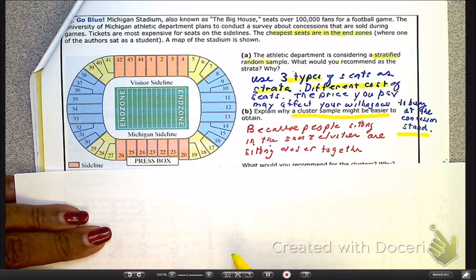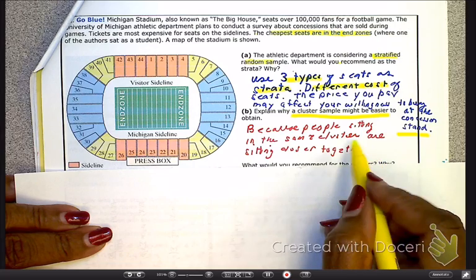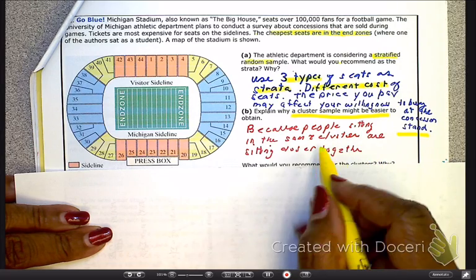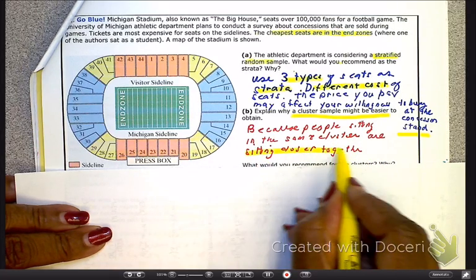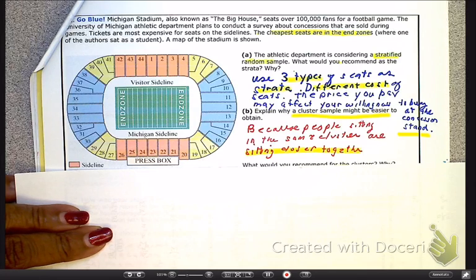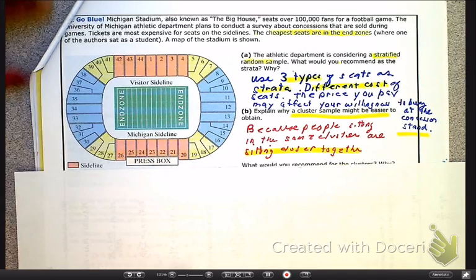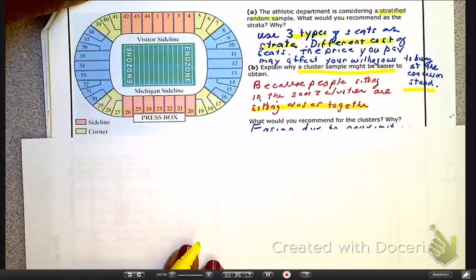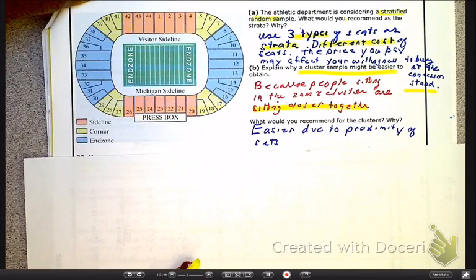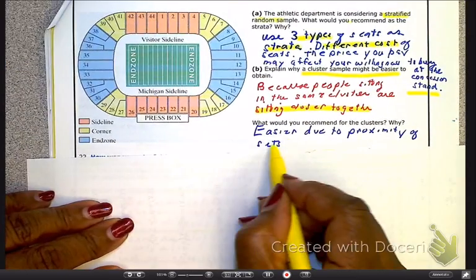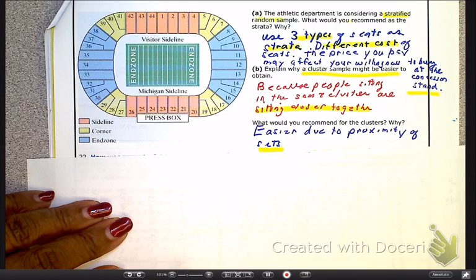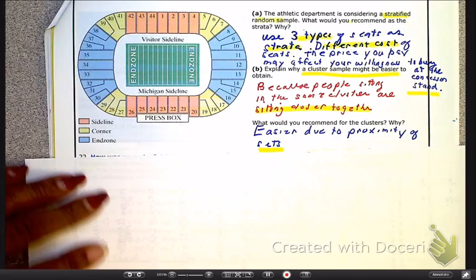Because the bottom line with cluster is, after you randomly select which section, you are going to choose the entire group, which means everybody's sitting closer together. So it's very convenient and easier for you as a surveyor. Okay? And just answered this question. It's easier for you as a surveyor because everybody's in the same area because of the proximity of the seating.